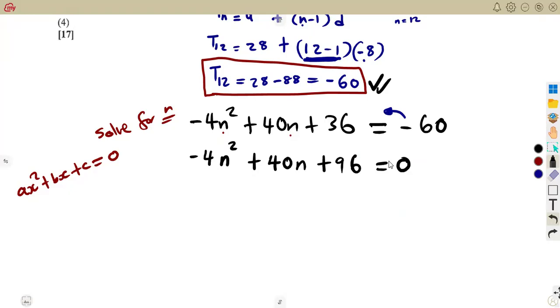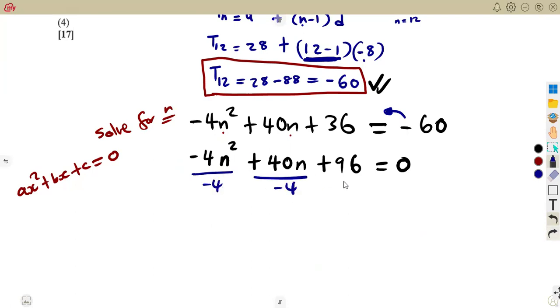So in order for us to determine or to solve for n, we can reduce this equation, guys. Yes, it's a quadratic, and we can see that 4 there, 40, 96. 4 is common, and we can avoid working with a negative. So you can simply divide by negative 4. Let me just do this. We want to remove this negative 4, and it is the highest common factor between these numbers.